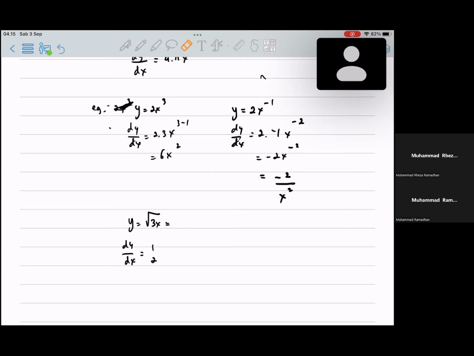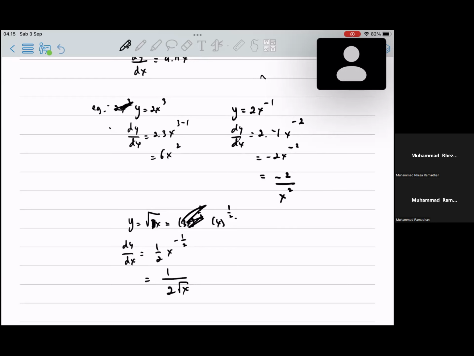Sorry. It is 3x to the power of half. So dy over dx is too complicated. So for example, y is equal to root x. So dy over dx is half x to the power of minus half. So it's something like that.